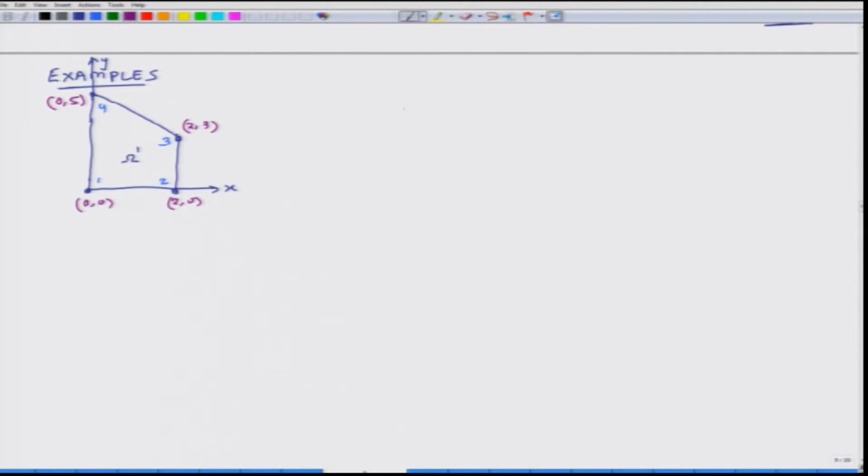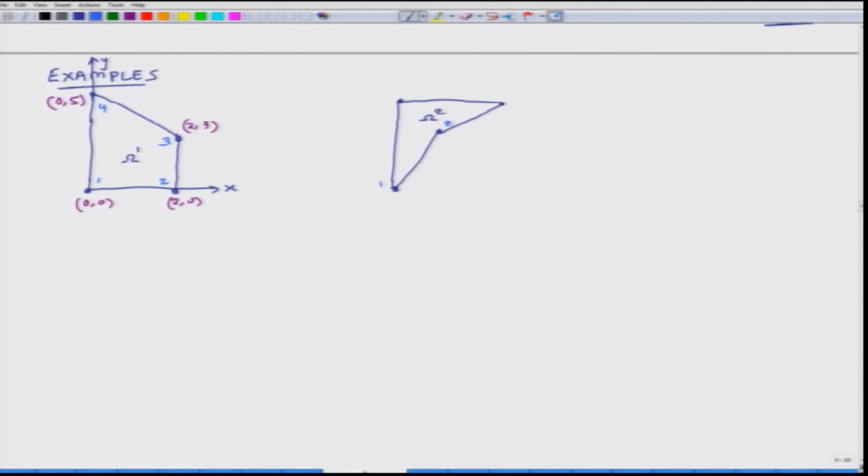Then I will take another element, it looks like this. So, this is also a 4 noded element. So, this is my second element omega 2, and here also I will first, whenever we draw an element we have to put its node numbers very clearly.